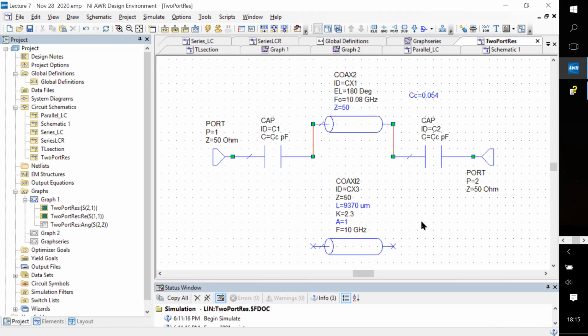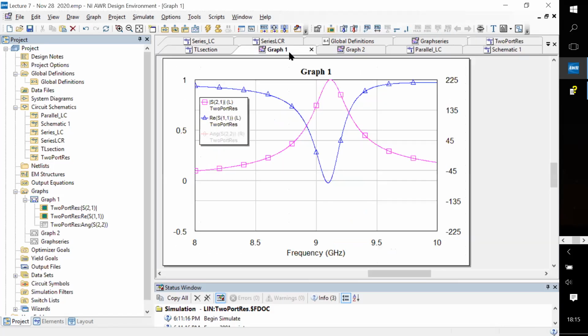Okay, anything else? I was a little confused about the transmitted and the reflection coefficient curves. When there's no loss in the transmission line, they should add up to 1 for all frequencies.